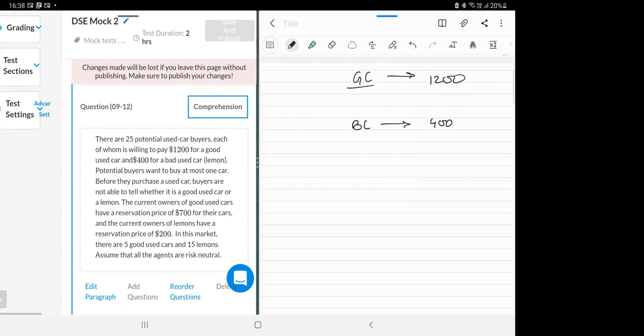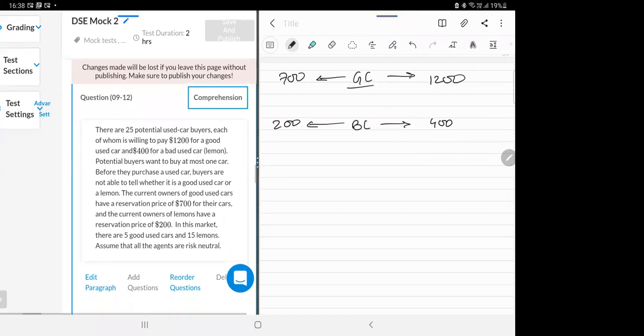The current owners of good used cars have a reservation price of $700 for their car, so they won't sell it below 700. And the current owners of lemons have a reservation price of 200. So for bad cars, the reservation price is 200.